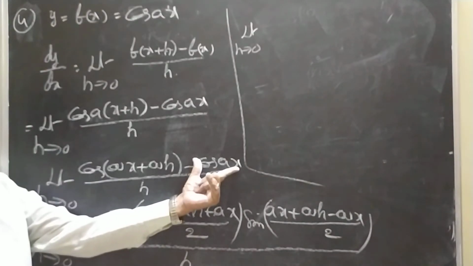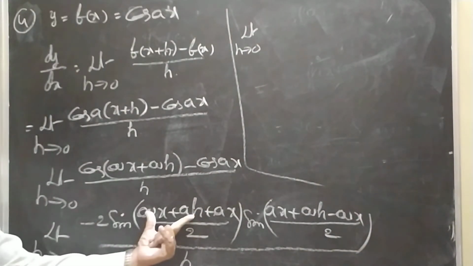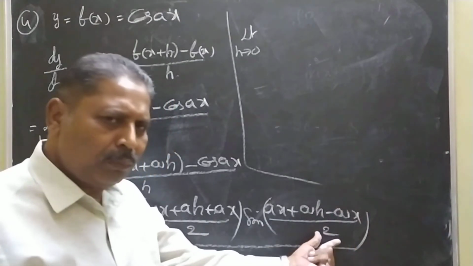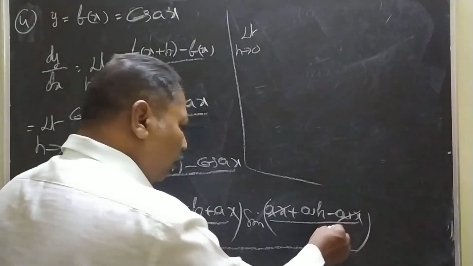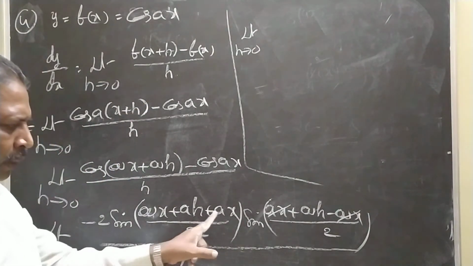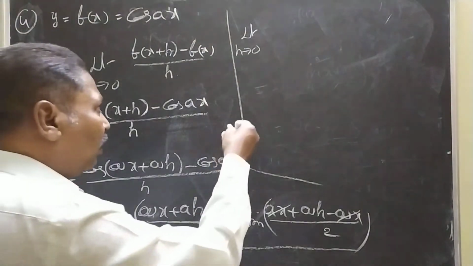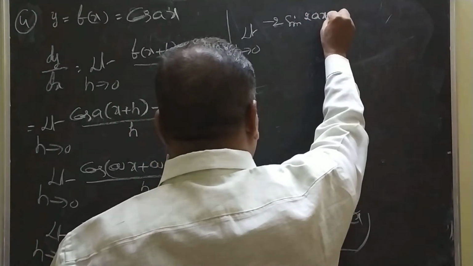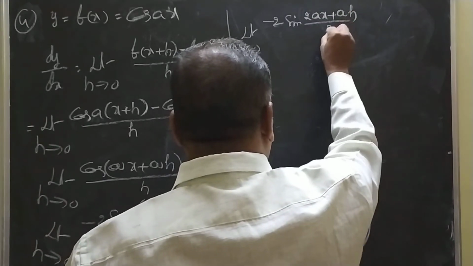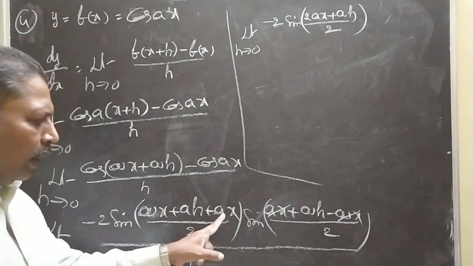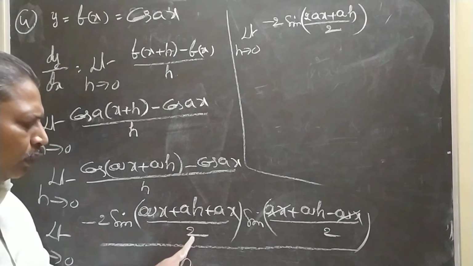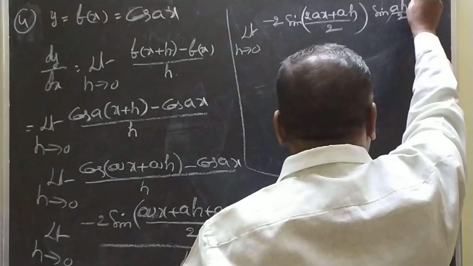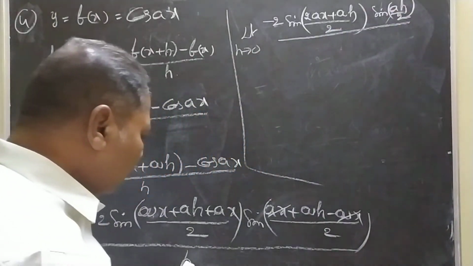Applying it: ax minus ax cancels, ax plus ax is 2ax, so minus 2 sin of 2ax plus ah by 2, into sin of ah by 2, whole divided by this h.